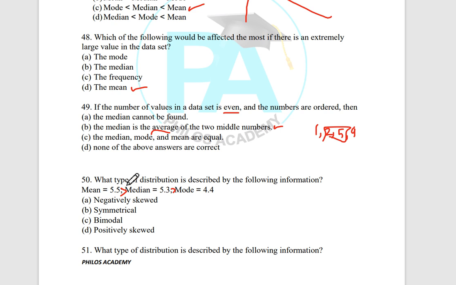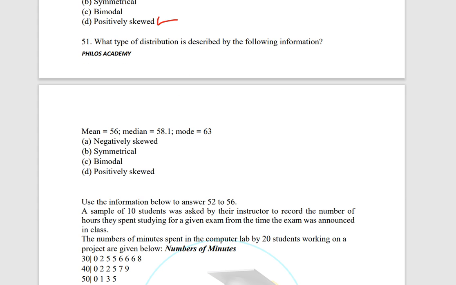Whenever the mean is greater than the median and the median is greater than the mode, it is positively skewed. Don't forget. So the answer is D. But if the mean was lesser than the median and the median was lesser than the mode, then it's negatively skewed. But if the mean is bigger than the median and the median is greater than the mode, then it's positively skewed. Okay, don't forget that.